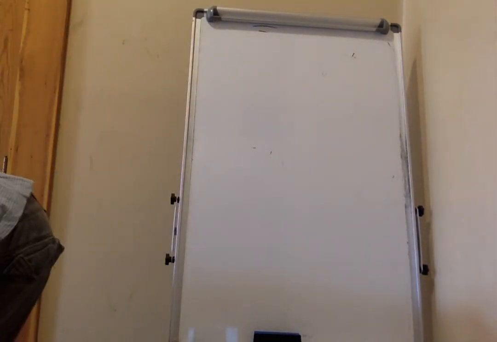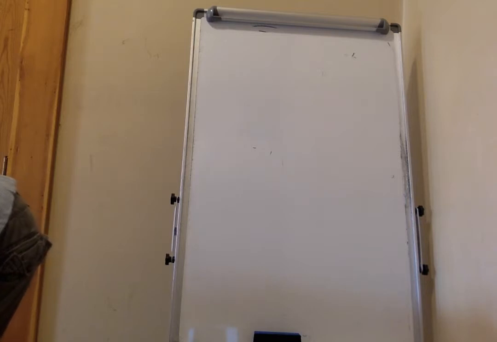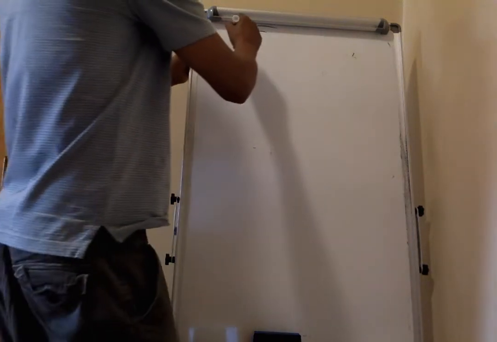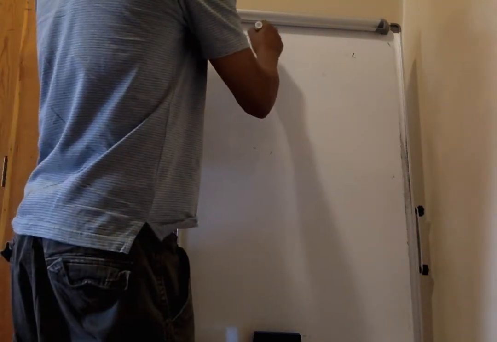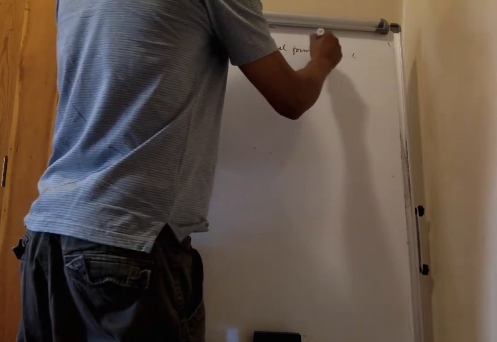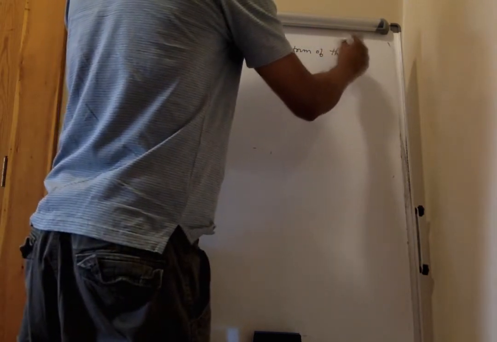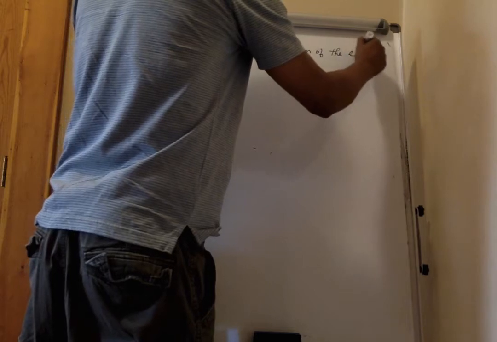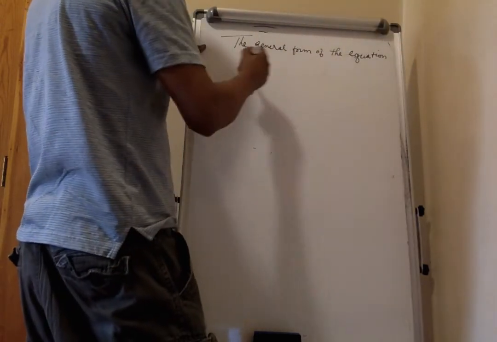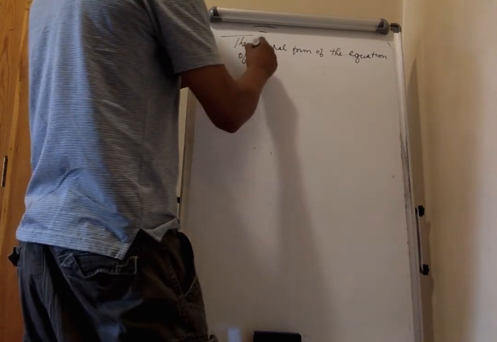Okay, so now the general form, the equation of a circle. Again, the idea behind it is rewriting it in a different format of a circle.